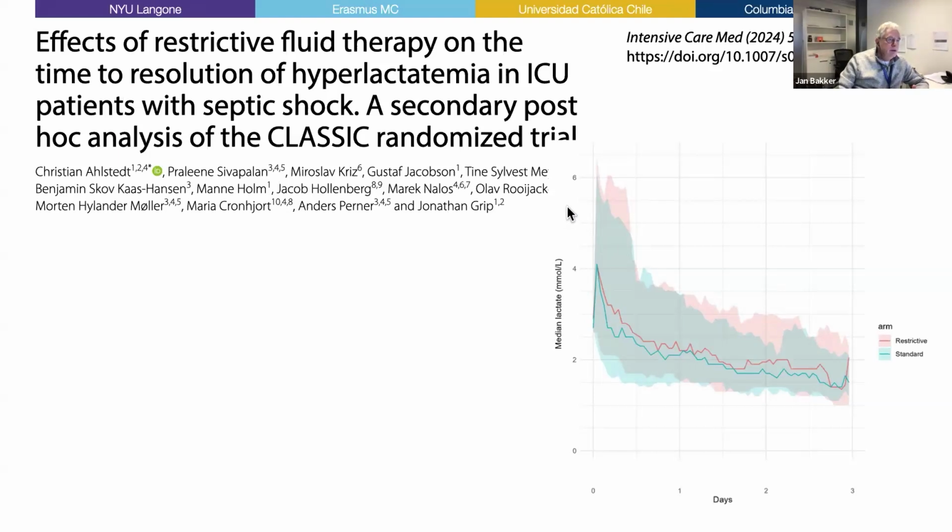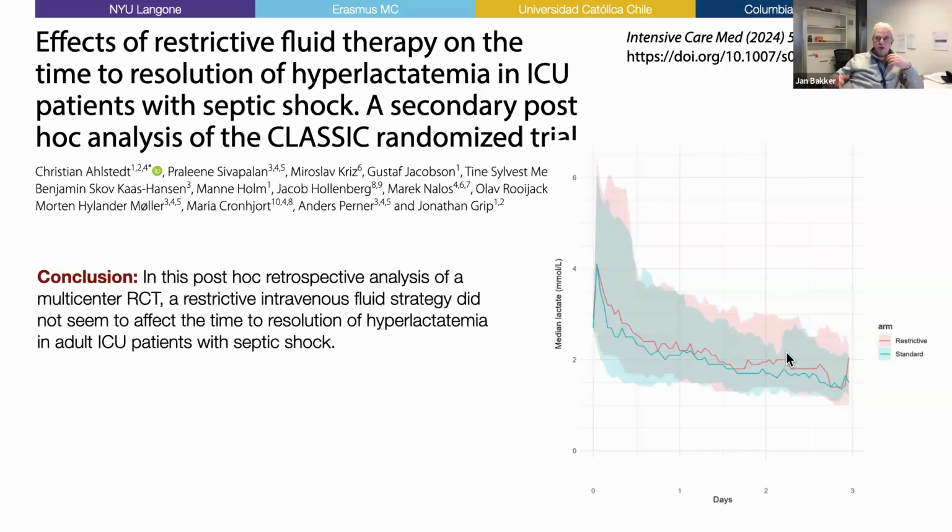And this is a very recent study just published in Intensive Care Medicine. The typical one-size-fits-all, no reflection on mechanisms. This is just give fluids if you have an increased lactate and look at restrictive and standard. And of course, it doesn't make any difference because hyperlactatemia should not be treated with fluids.